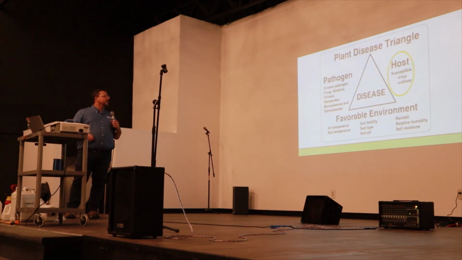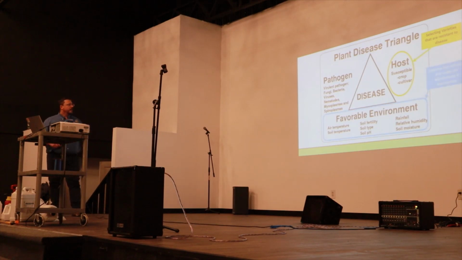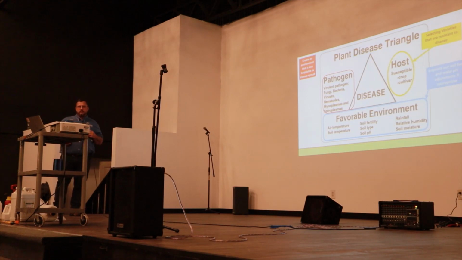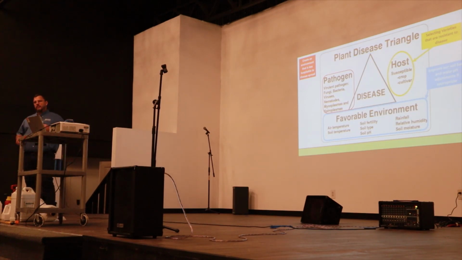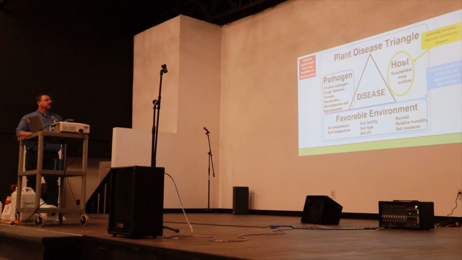We won't spend too much time on here, but this is a disease triangle. And so when you're managing for disease in the garden, there's 3 main areas that affect whether or not your plant is susceptible to disease or not. So the host is whatever crop you have.